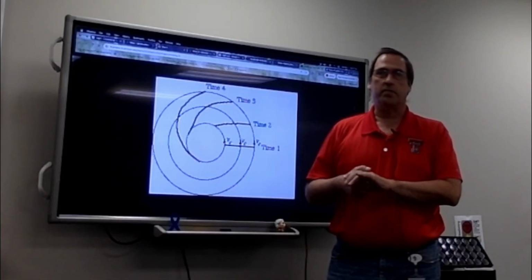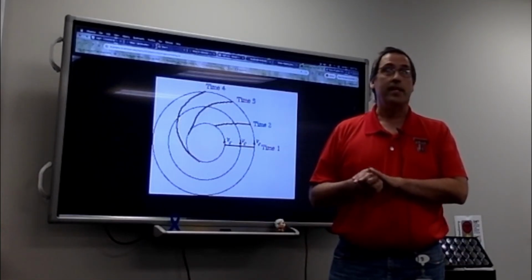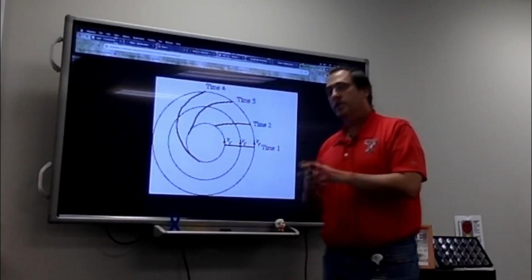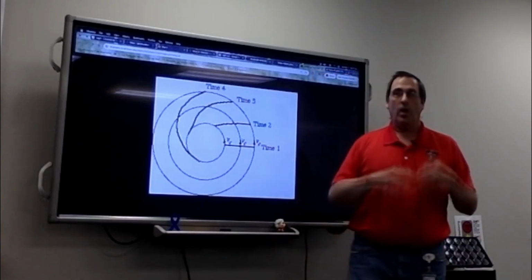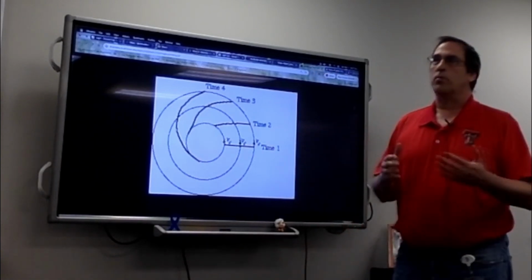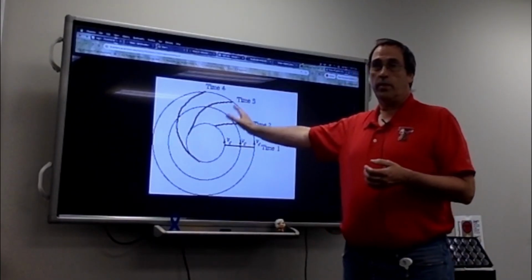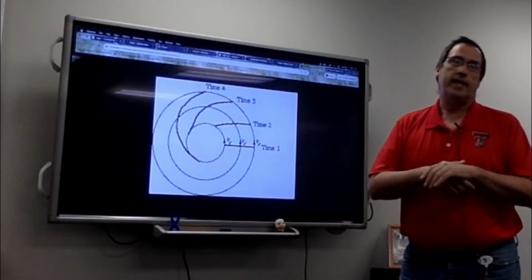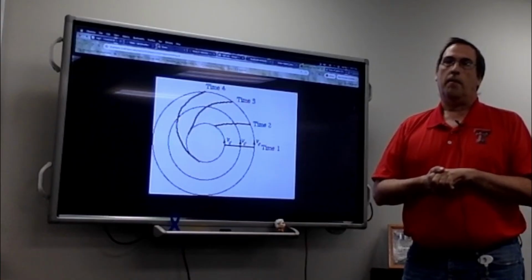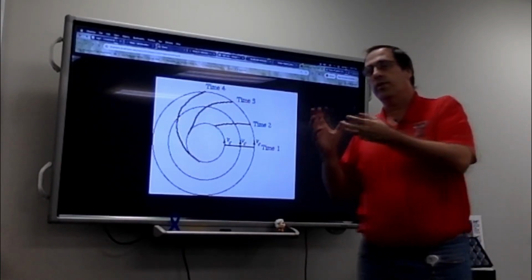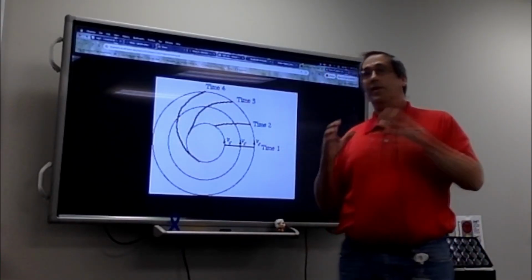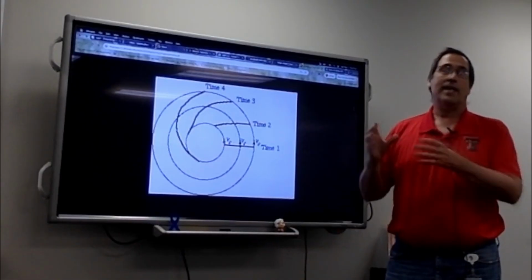So now the question has become, well, what is it then? And there's a couple ideas behind it. One is that it's some sort of exotic matter that we just haven't discovered yet, and we're still trying to figure out what it is. One is that it could be a bunch of neutrinos. Neutrinos are very, very light, highly energetic particles.